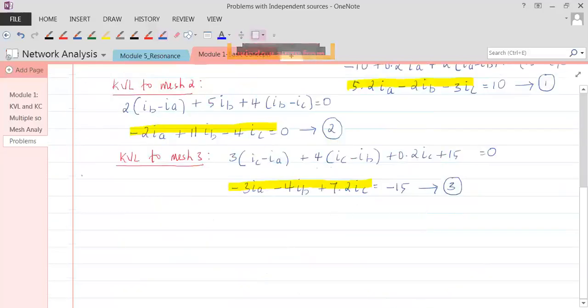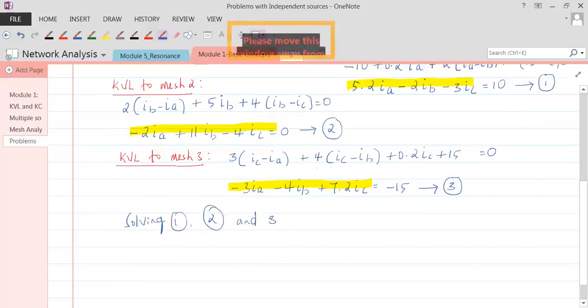Solving 1, 2 and 3 using calculators is what is understood. You need not write it again, or take any mathematical method to solve this. The calculators are meant for this only. I already have the results for this. You can just copy it down.